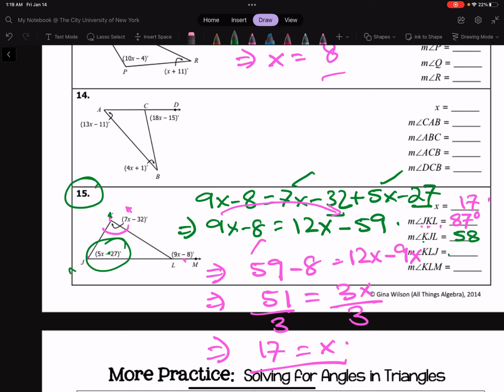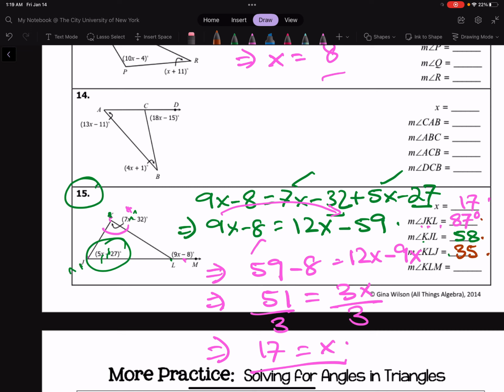And for KLJ, you can subtract from 180, or just add these two values and subtract from 180. You should be getting that one is 35.